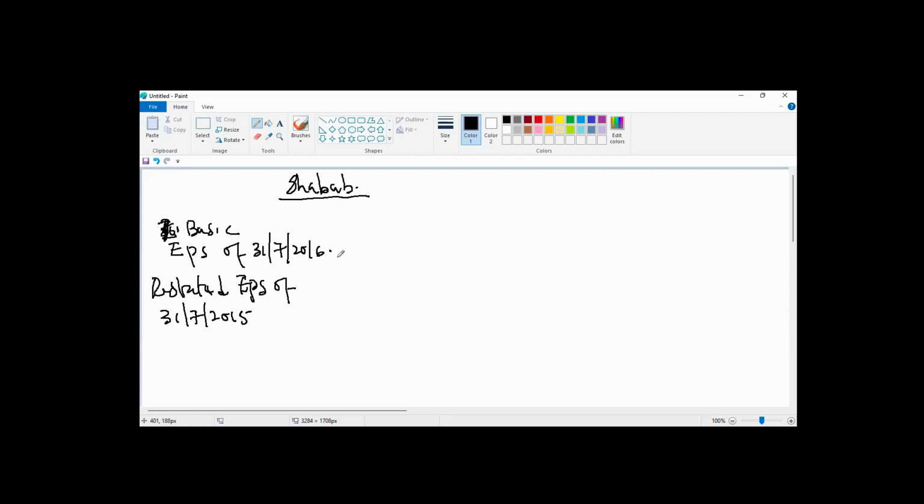An account that will close on 31st July, definitely it must have started on 1st August. Do we agree? 2015. It must have started 1st August and closed on 31st July 2016. This is going to be the opening balance.